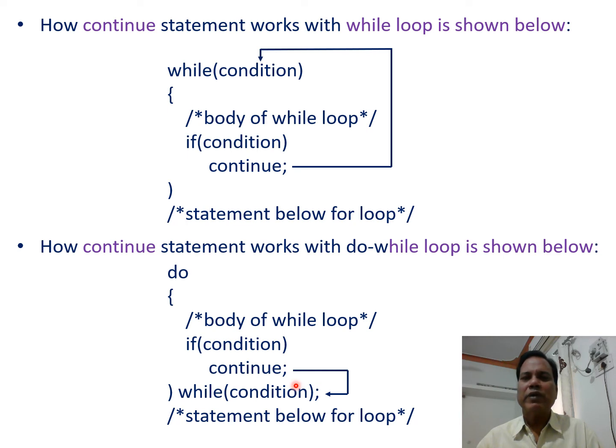So in this way we see that whenever the continue statement in looping statements is executed, the loop is repeated. Syntax of continue statement is like this: continue keyword and then semicolon.